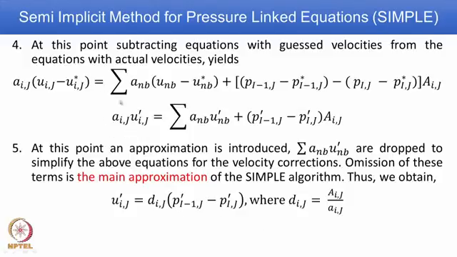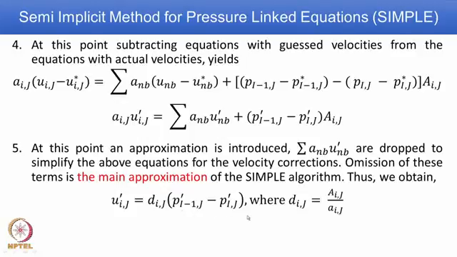We take the coefficient a i,j to the other side because that is supposed to be known, and you define another coefficient d i,j equal to A divided by a i,j, and that is multiplying the correction in pressure.